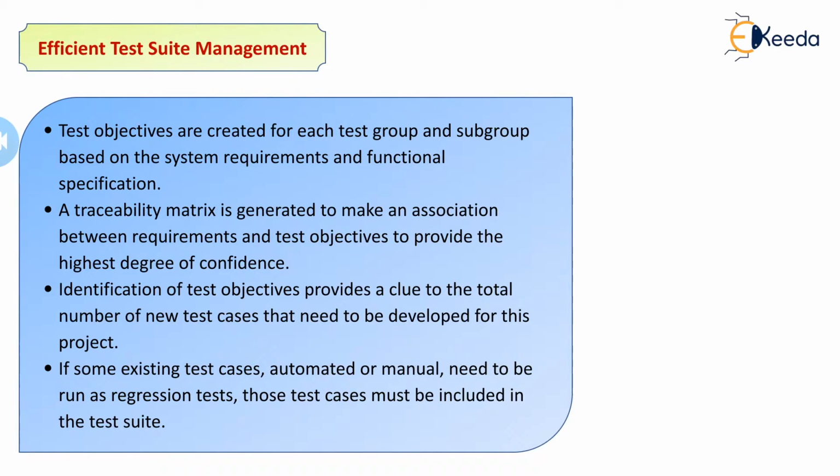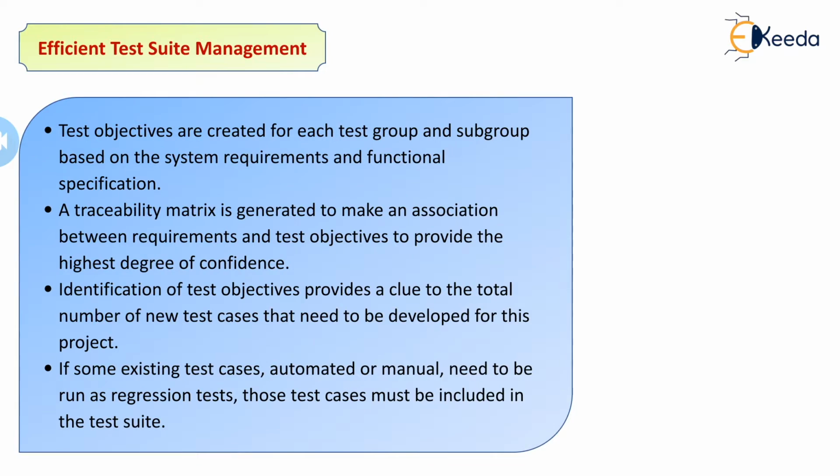Now here, the test objectives are created for each test group and subgroup based on their system requirements and functional specification. Later, a traceability matrix is drawn to associate your requirements and your test objectives to provide the highest degree of confidence.